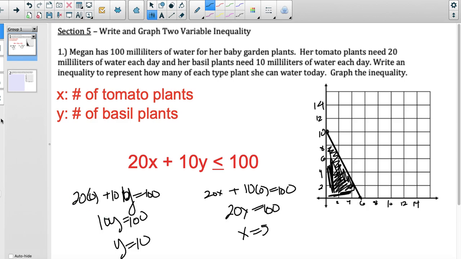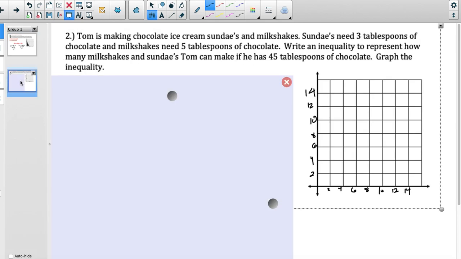Let's go ahead and look at example number 2. In example number 2, Tom is going to make chocolate ice cream sundaes and chocolate milkshakes. The sundaes require 3 tablespoons of chocolate, where the milkshakes require 5 tablespoons of chocolate. Write an inequality to represent how many milkshakes and sundaes Tom could make if he had a total of 45 tablespoons of chocolate.